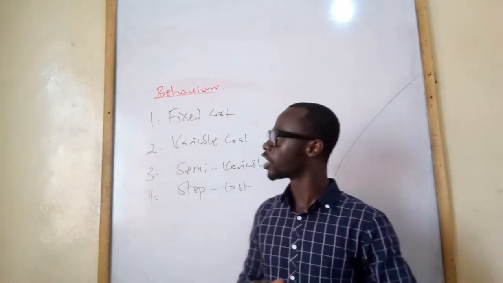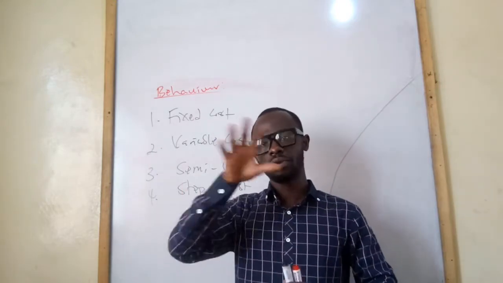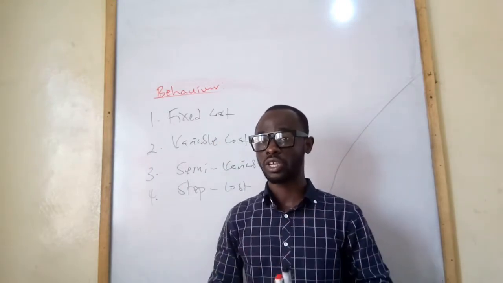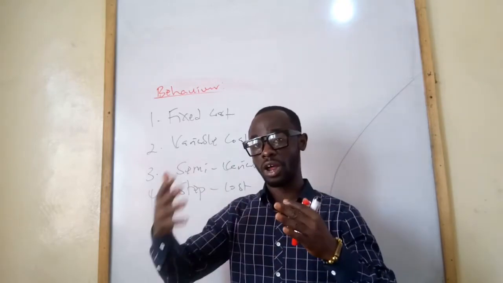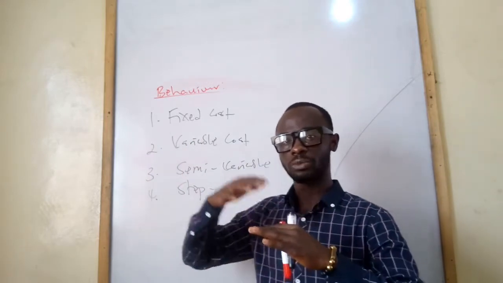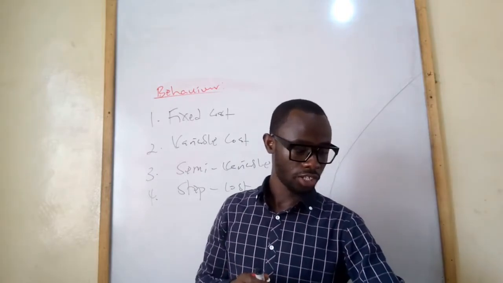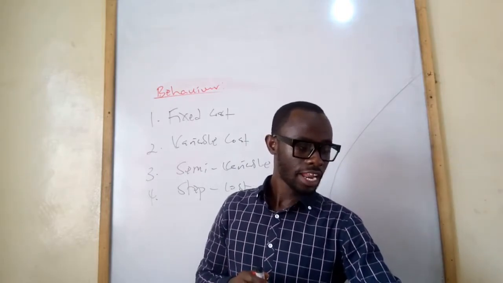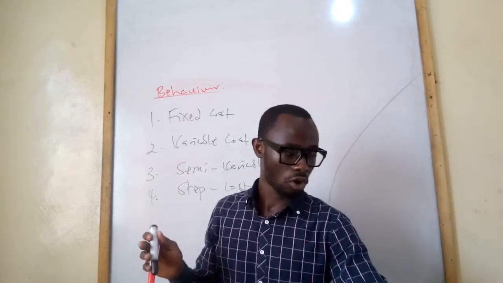Let's assume that you are building your house again, back to building your house again. So let's say you are building 5 houses. The cost you incur in building 5 houses will be different from the cost you incur in building 1 house. So that is what we refer to as what? Variable cost. The more you build or the more activities or the output level you produce, the more variable cost that you are going to incur in relation to that.